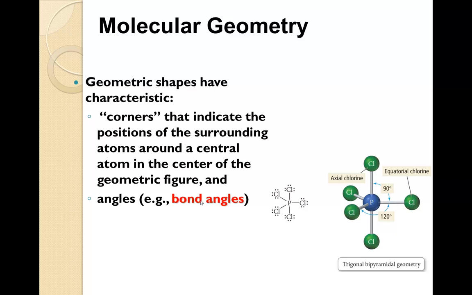They have corners, which in our case will be the atoms that are bonded to it, that indicate the position surrounding the atoms around the central atom in the center of the geometric figure. Also, there are angles between them.